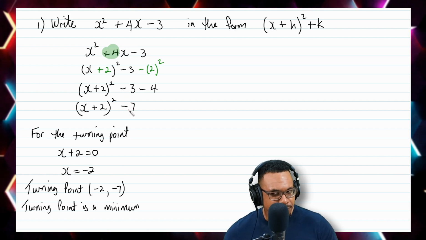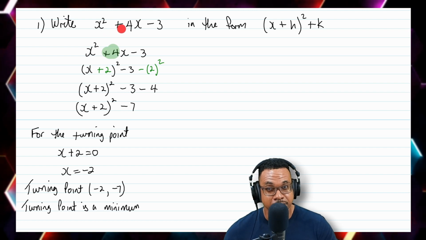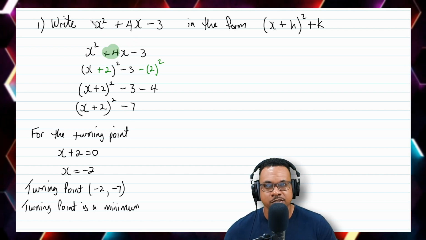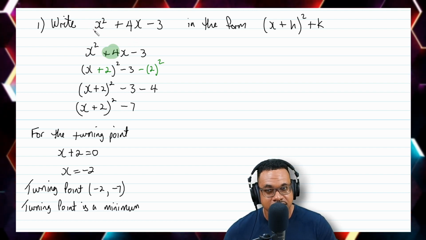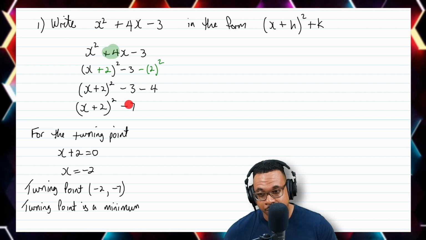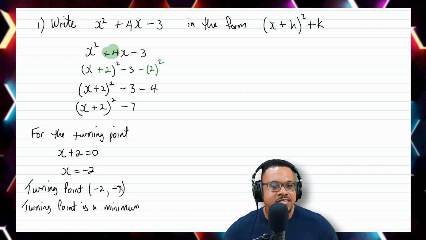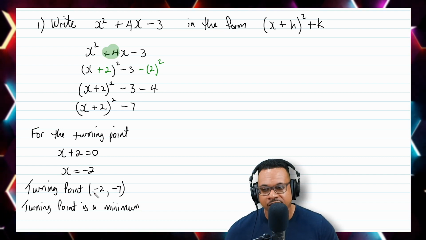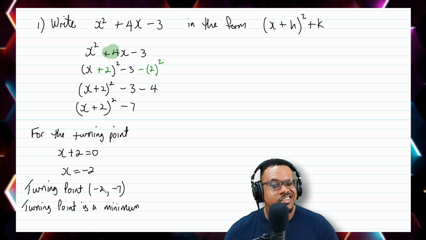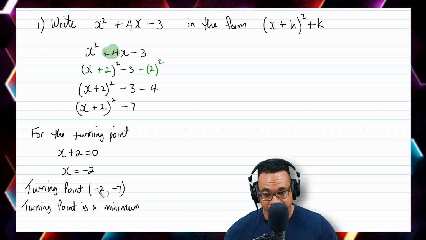Now, the question says minimum or maximum because they're testing to see if you know if the graph is a minimum or a maximum. So the number in front of x squared is positive, the graph is a minimum, so this value here would be the minimum value of y, which is the y component of the turning point. Then they could ask, what is the corresponding x value? And this negative 2 would be the corresponding x value, which is the x component of your turning point.